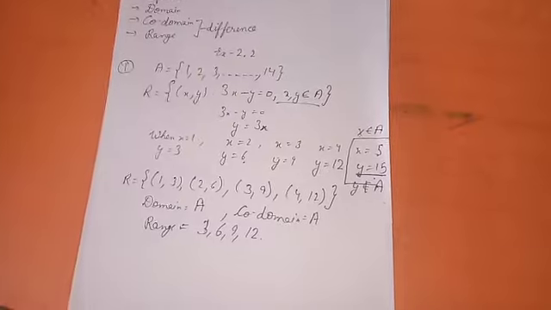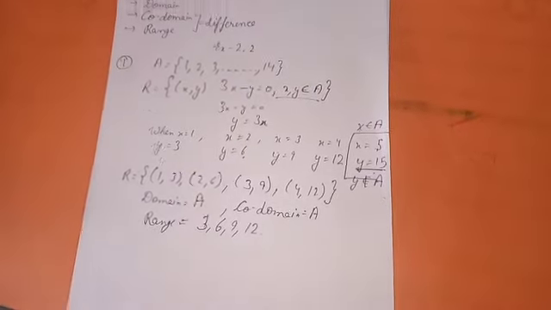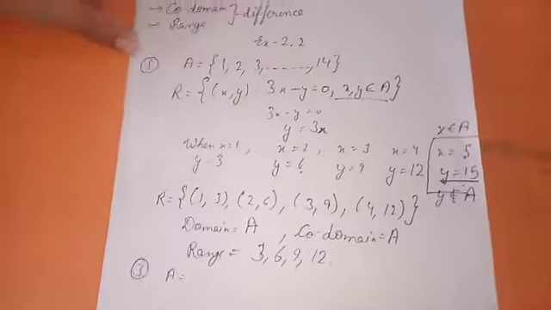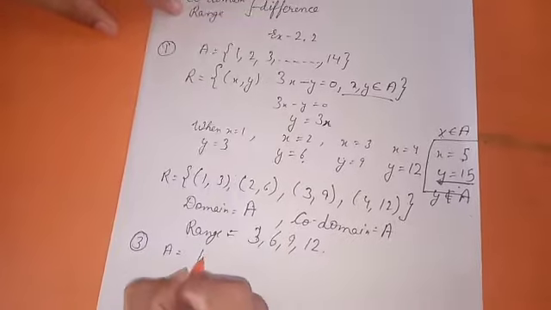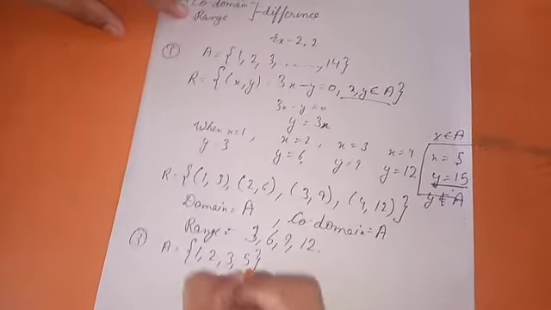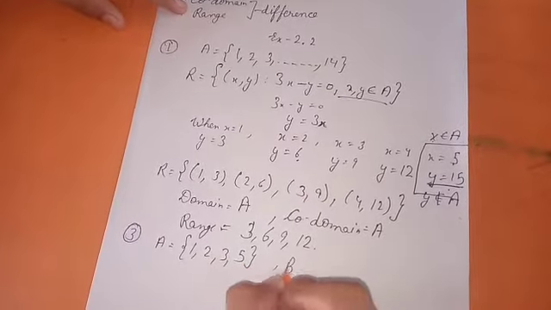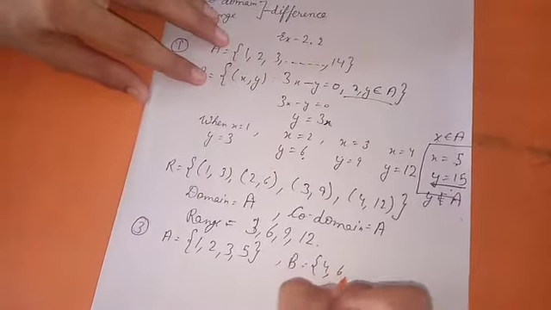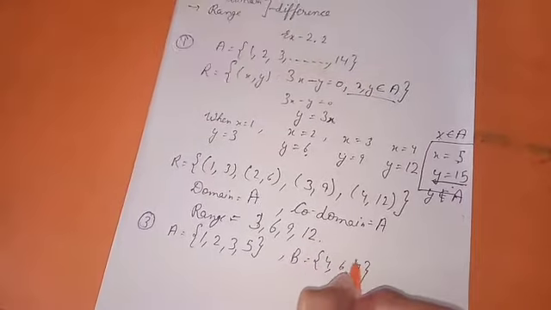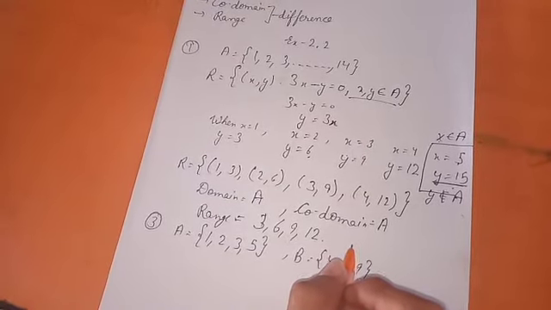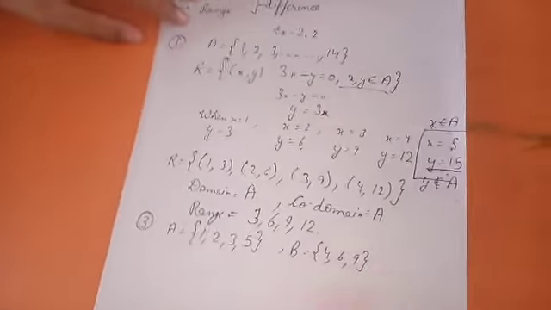Now question number 3. In question number 3, we are given 2 sets. One is A, that is 1, 2, 3, 5, and B is 4, 6, 9. Now what relation are they giving us?